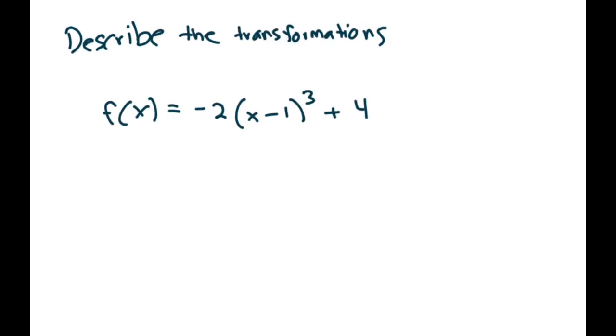All right, so we can say that for this function, our base function is an x cubed because of the cubed. The negative in front is going to reflect over the x-axis. The 2 is going to be a vertical stretch by 2.